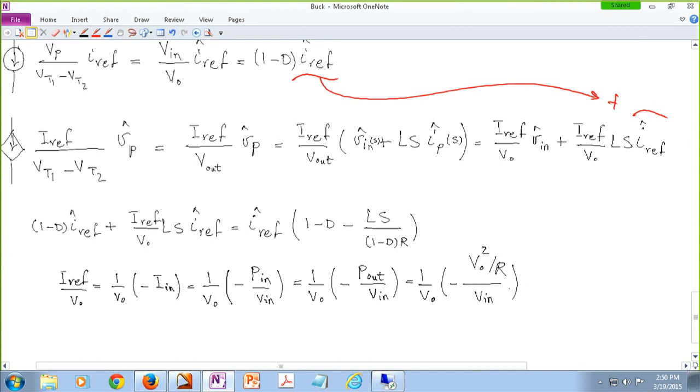So in the end, this is negative V out over Vin times R, the resistance. Okay. So that's why, wait a minute, 1 over V out. No, V out over Vin. Yeah, that's correct.